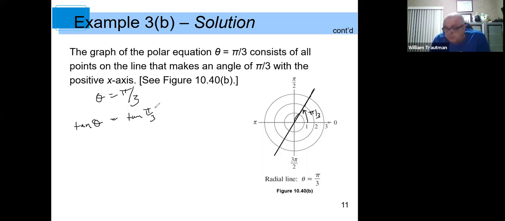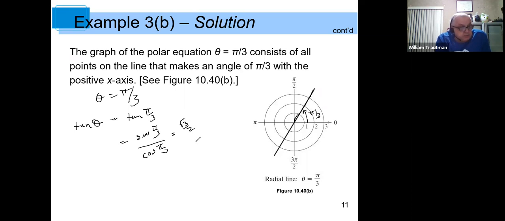And the tangent of pi over 3, don't forget, is the sine of pi over 3 over the cosine of pi over 3. The sine of pi over 3 is square root of 3 over 2.